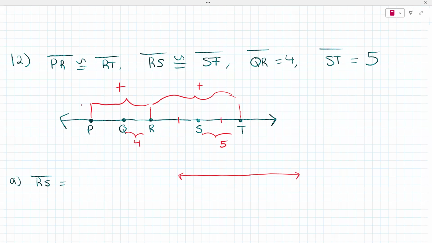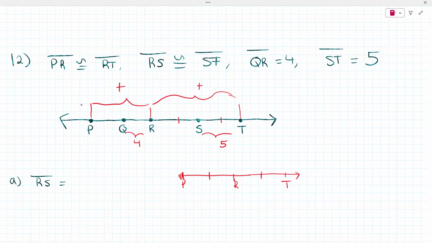Let me draw this again, make it more clear. So here's P, R, and T, right? So this is Q, and then this could be S. So line segment PR is congruent to RT.